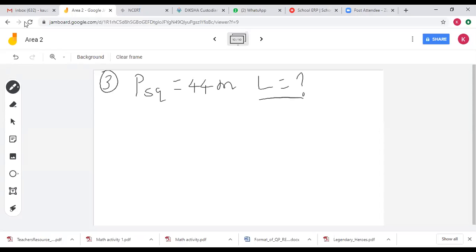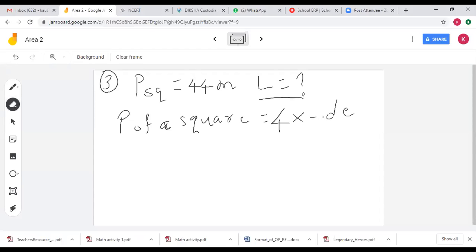We have to find length. So it is a square. For a square, perimeter of a square is equal to 4 times the side. For the side, I can write length also, 4 times the length.